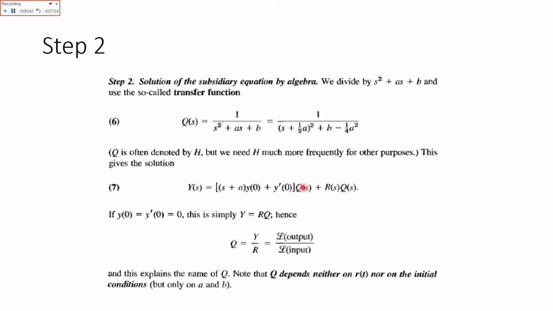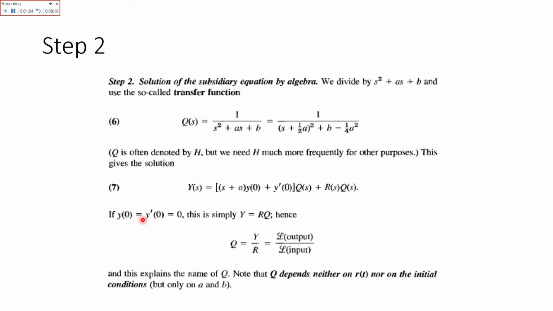What we have done, we have basically divided the whole right side by this, which is equal to q of s. So basically we have multiplied it with 1 over s square a square plus b, or we can simply say that we have divided all the terms that were here by this whole term.